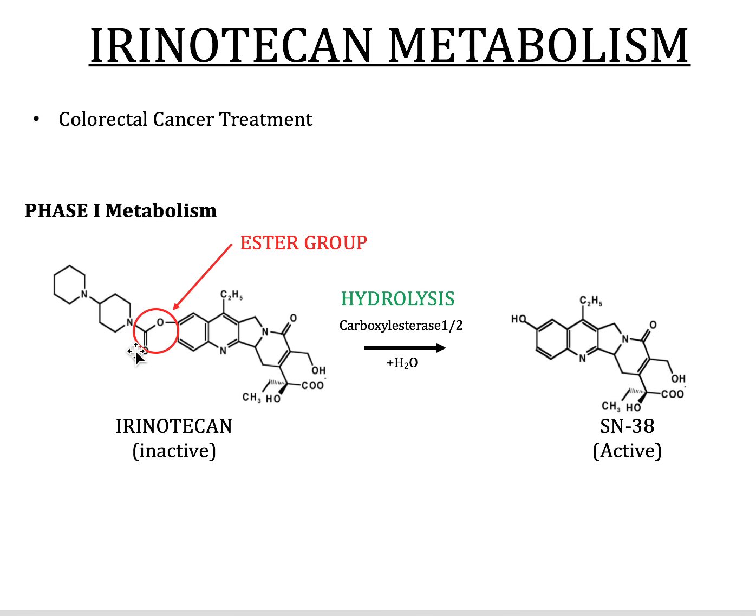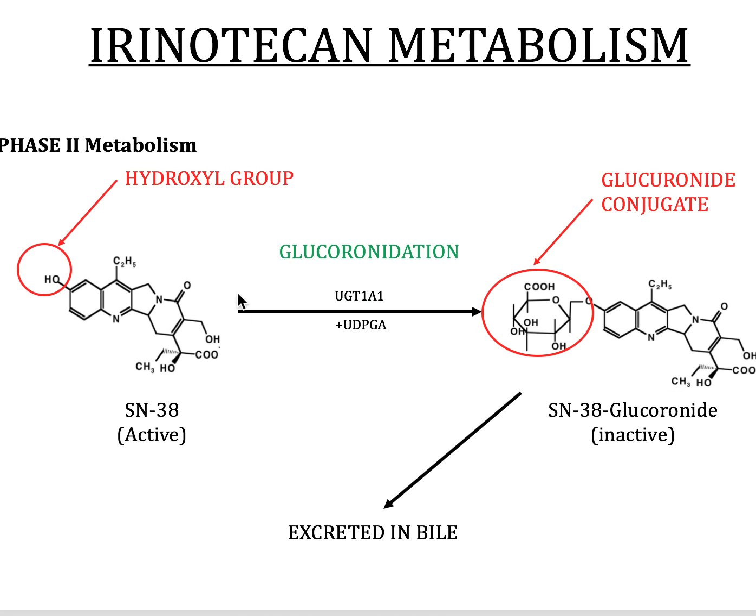What you're looking for is the ester group, so it's hydrolysis again. It's done via carboxylesterase 1 or 2, but mainly 1, and it can form the active form SN38. Now, if glucuronidation takes place, it forms the inactive SN38 glucuronide, which is excreted in bile, and this is done by UGT1A1.